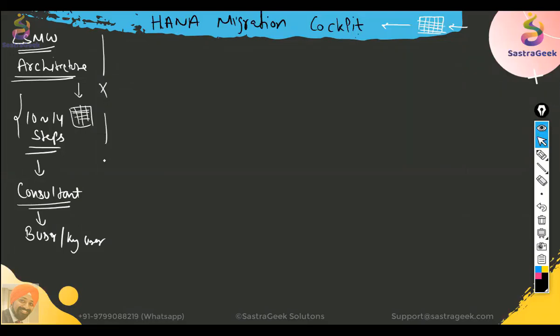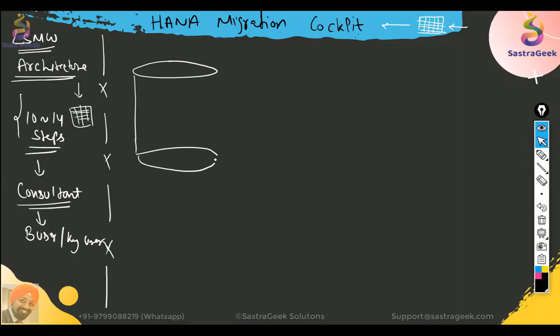Okay, now let's see what would be the architecture for HANA migration cockpit. HANA migration cockpit can work with your SAP system or non-SAP system.